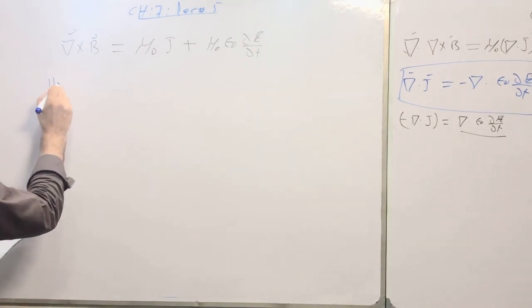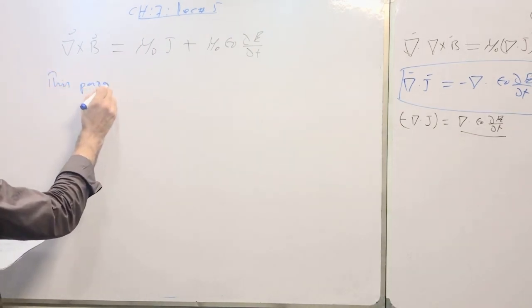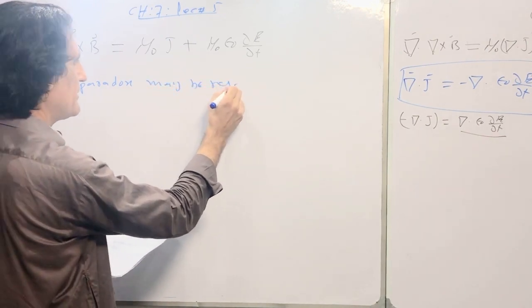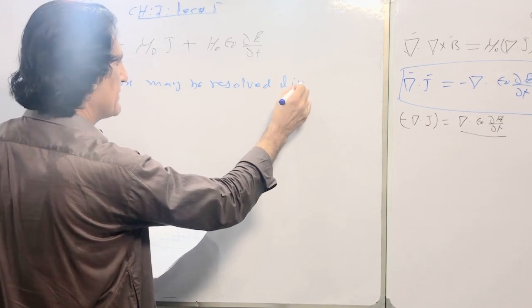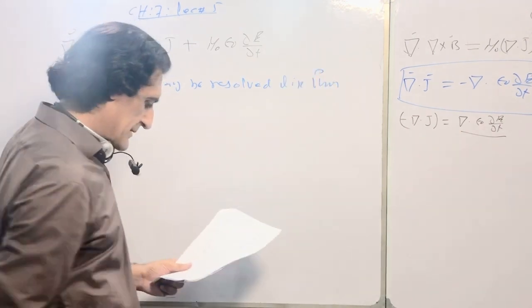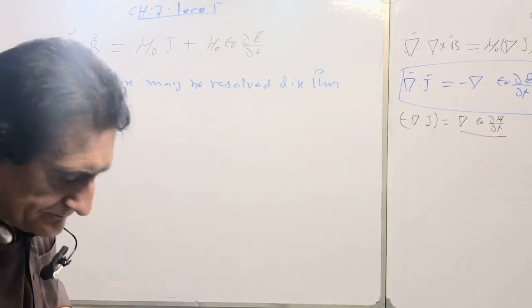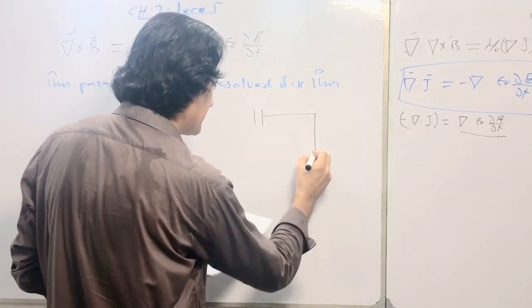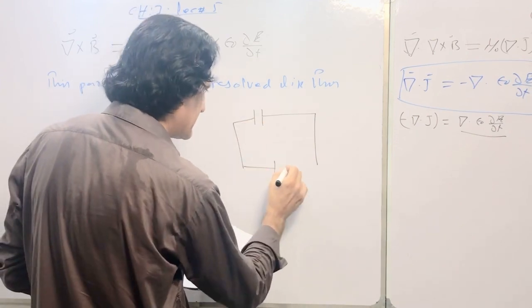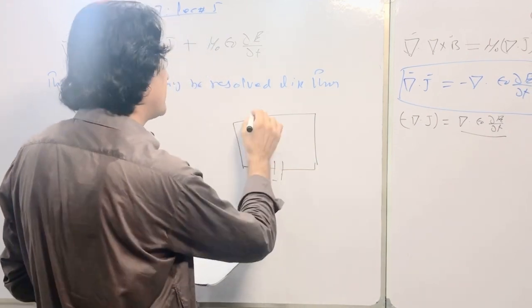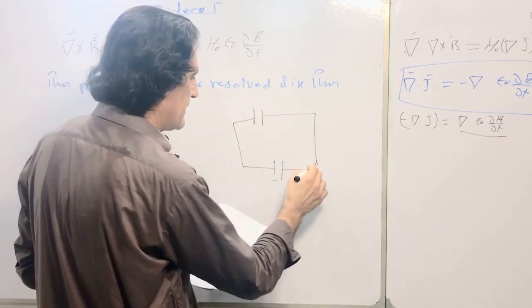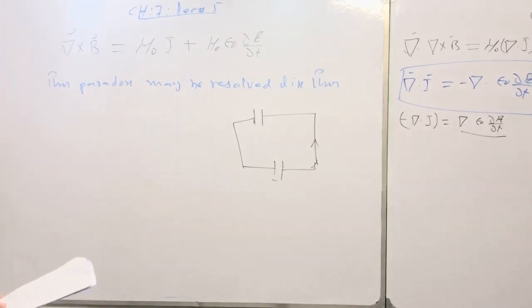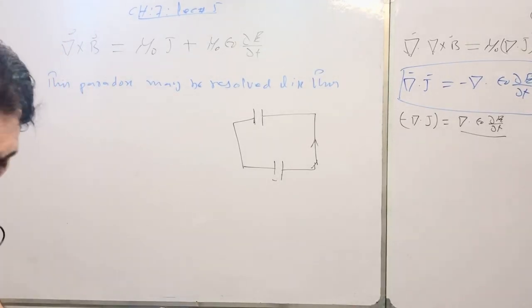This paradox may be resolved like this. Consider we have a parallel plate capacitor connected with a battery, and a current is flowing in this loop.